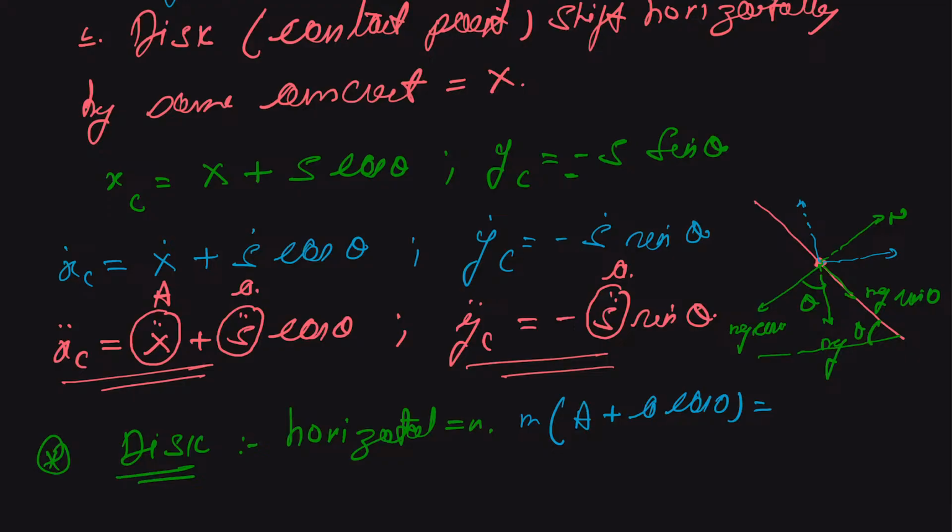Let me draw the frictional part also. This is our friction, and it will also be split into these two components: F cos of theta, and N sine of theta.